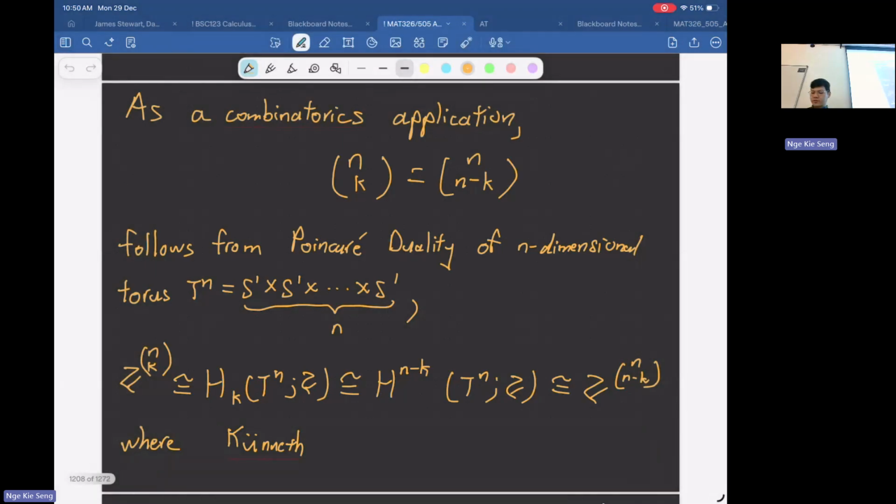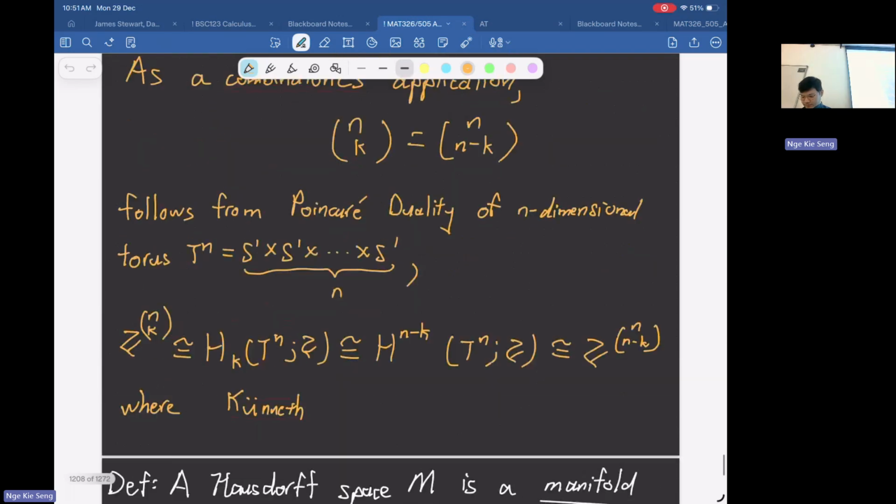Actually, Poincaré duality can give you very simple combinatorics equations here. Instead of using n factorial over k factorial times n minus k factorial, we can use space to see this. We can use Betti numbers to see this. But I don't think I will tell you how to compute this formula.